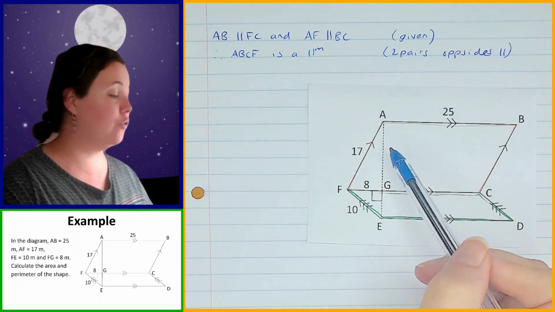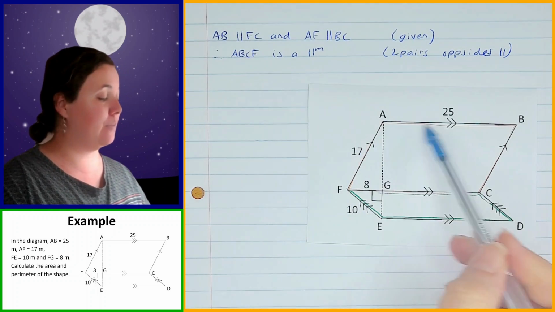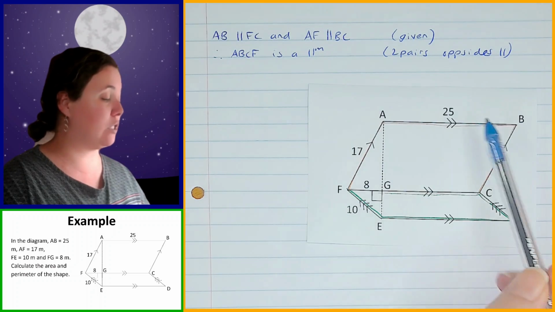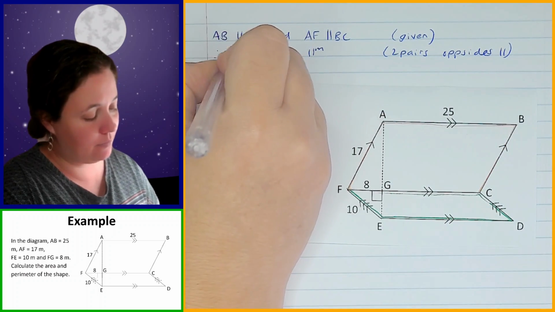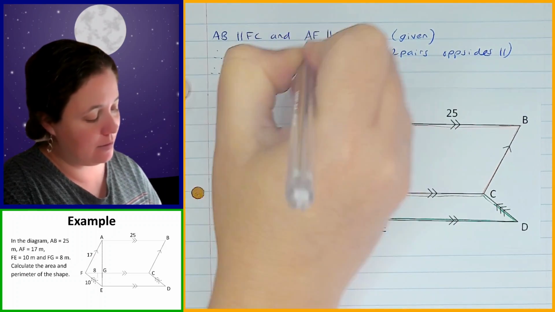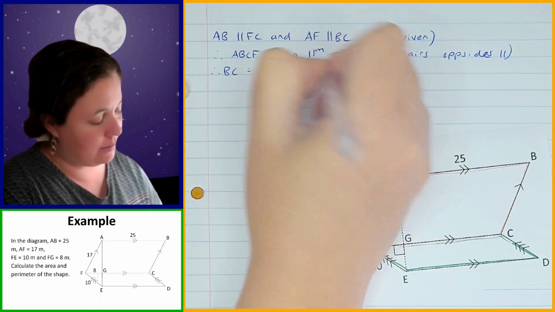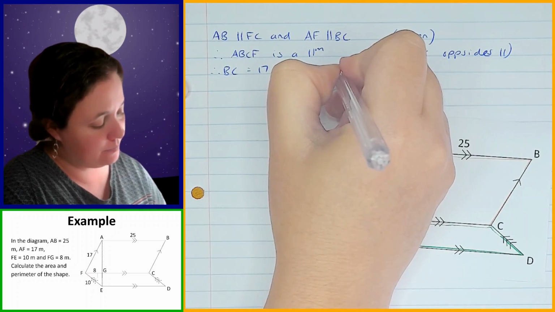I can then use what I know about a parallelogram to say that the opposite sides must be equal as well. So BC must be equal to 17, and that is 17 meters. And FC must be equal to 25.